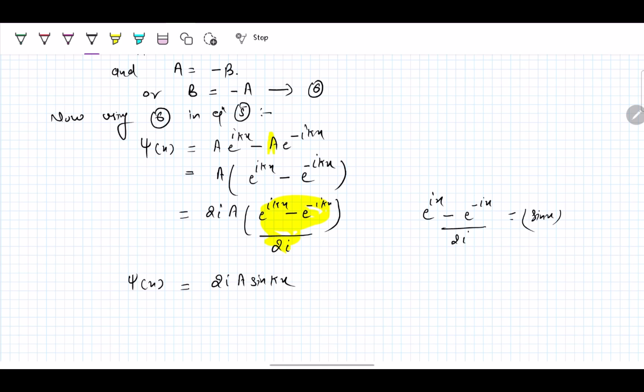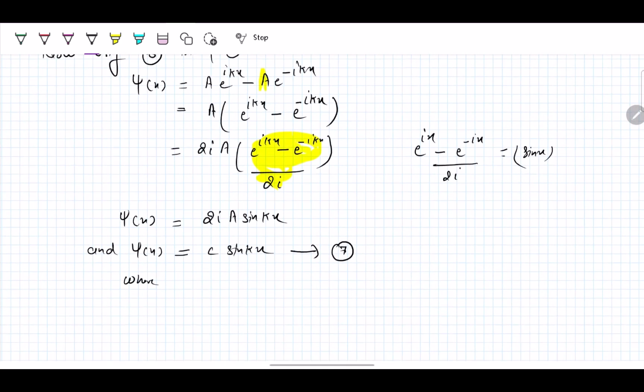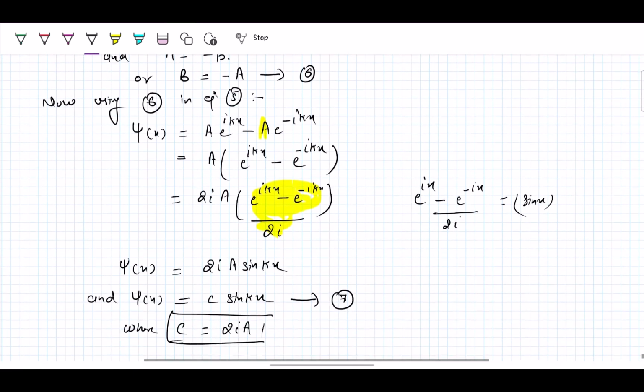And the wave function is equal to c sine kx. This is equation number 7, where c is equal to 2 iota a. So this is the value we get by applying the first boundary condition.